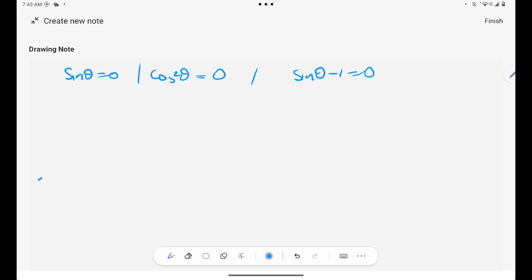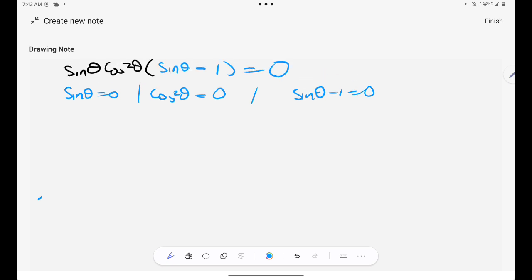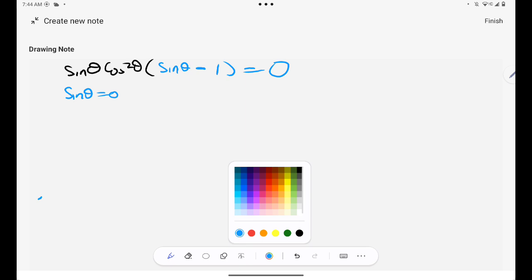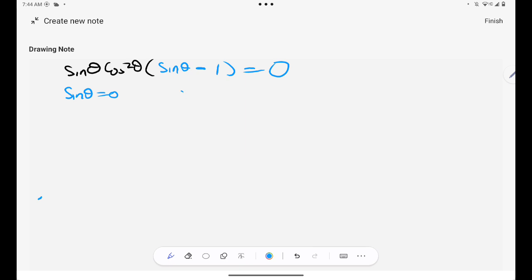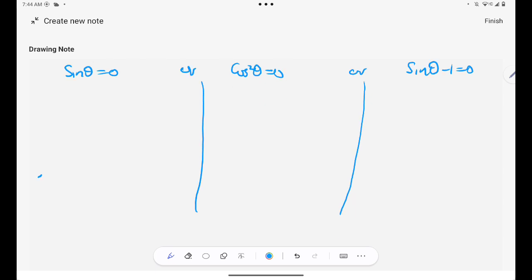For the first one, let me give them some space so that I can write them properly. Sine squared theta, or okay.